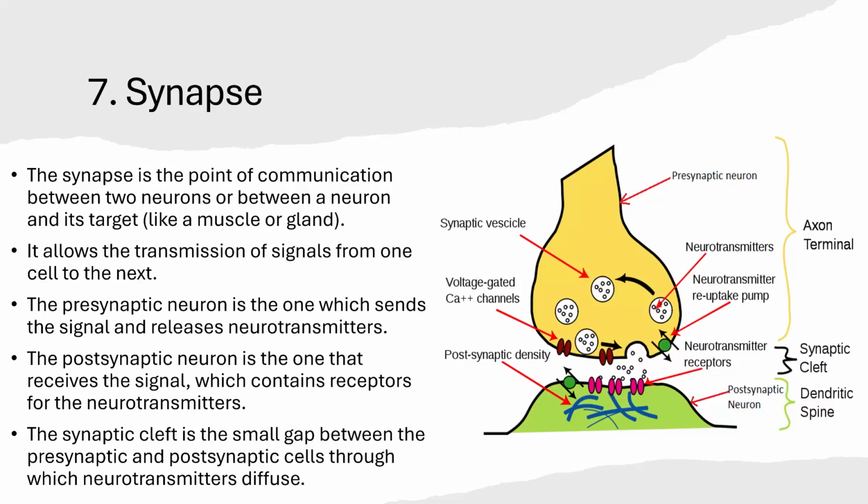And we have the postsynaptic neuron, which is the one that receives the signal, which contains receptors for the neurotransmitters. So we have two neurons, the one who sends, the presynaptic, and the one which receives, the postsynaptic. The synaptic cleft is the small gap between the presynaptic and postsynaptic cells through which neurotransmitters diffuse.